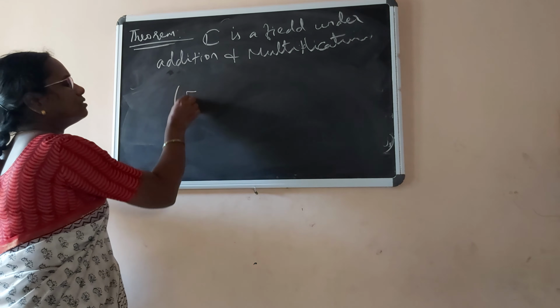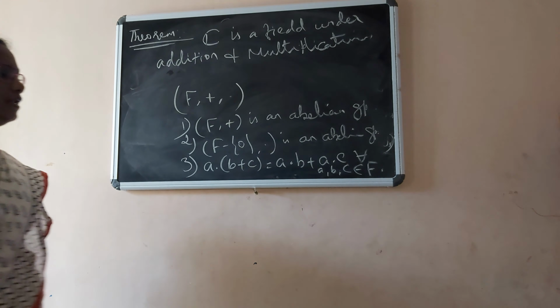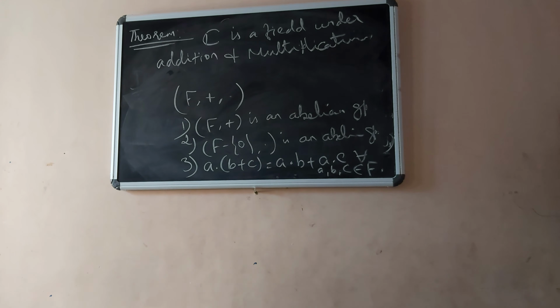The third one is that the distributive laws hold for all a, b, c belonging to F. A field is nothing but a system satisfying these conditions.